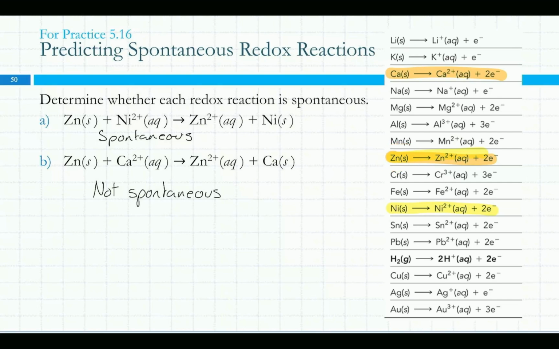So if I rewrite this, now I've got calcium solid, calcium with no charge, is going to lose its electrons to the zinc 2+. So I guess one way you could put it is the ion's lower than the element.